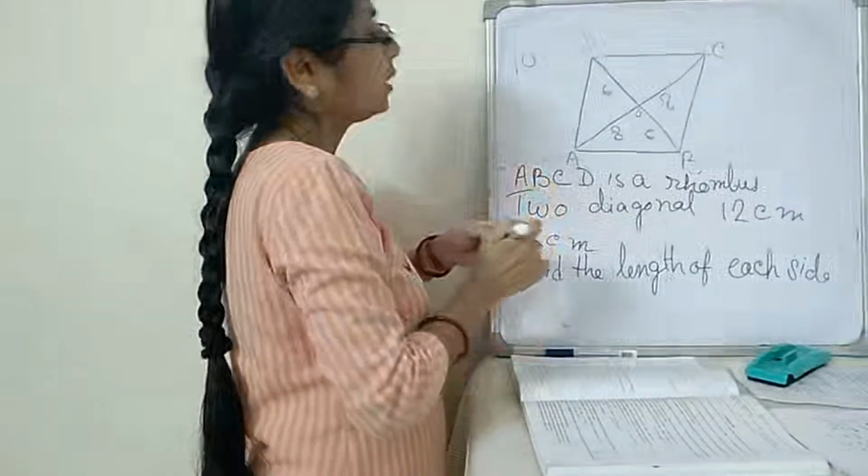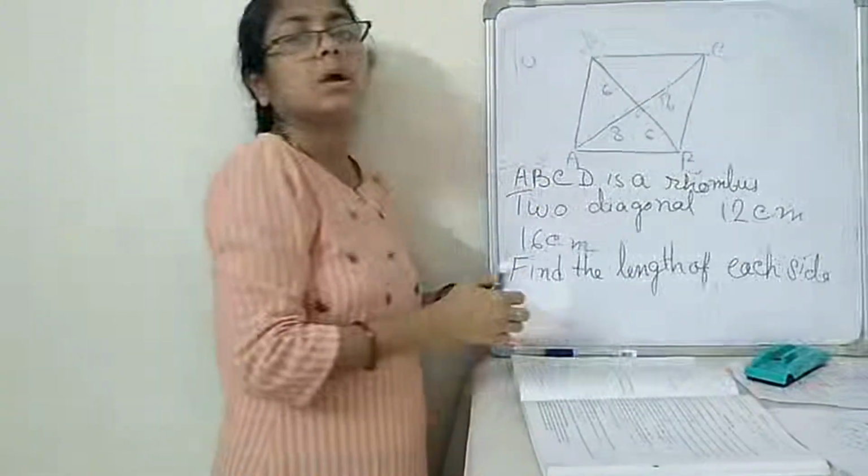Look, it is a rhombus. We know all sides are equal and parallel, but these angles are not 90 degrees. The one diagonal is 16 centimeter and another one is inside the rhombus.